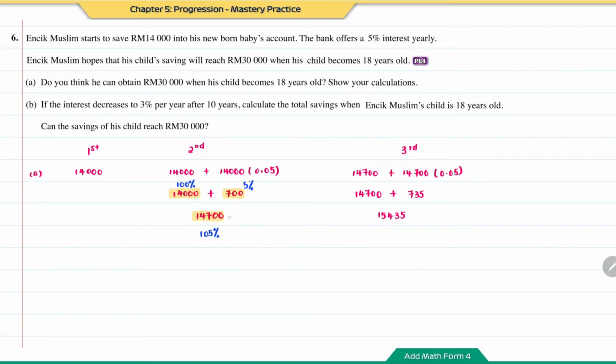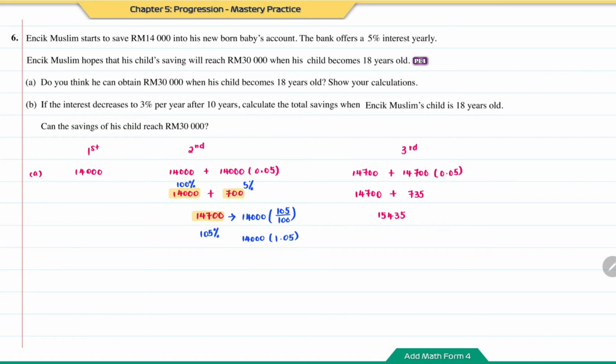So in another way to say this, 14,700, you can calculate it by taking the amount of money in the first year and then multiplying it with 105 over 100. So it's the same as 14,000 times 1.05. We also get the amount of 14,700.